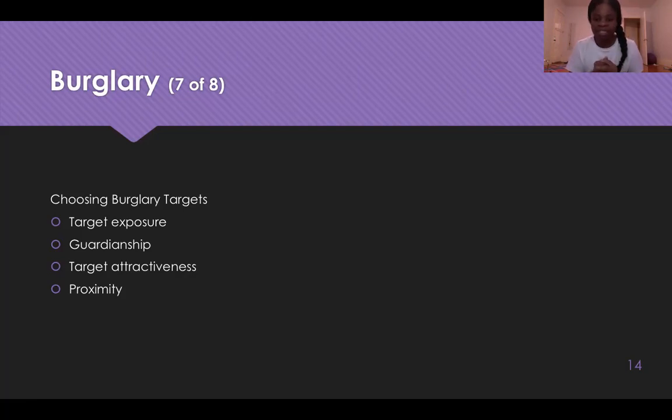Target attractiveness refers to the signs that there should be rich pickings. Proximity refers to the distance between the target's home and the burglar's home or to potential sources of loot disposal, such as pawn shops.